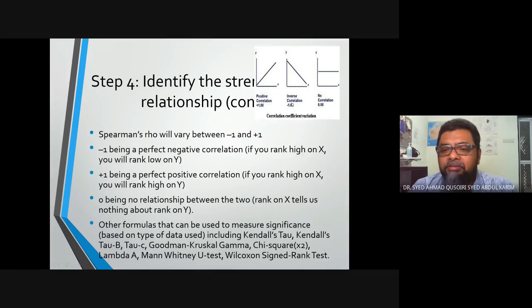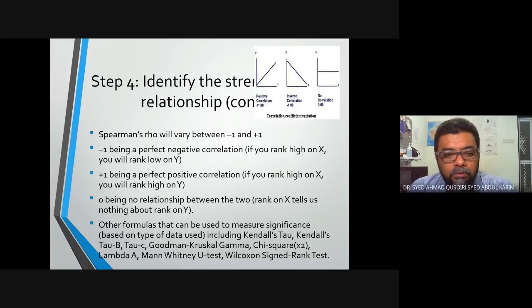That means that if variable y decreases 1 unit, variable x will increase 1 unit. So y decreases 1, x increases 1. That is a perfect negative correlation.